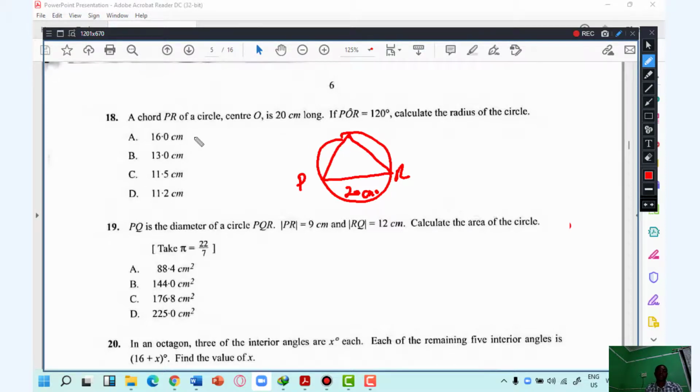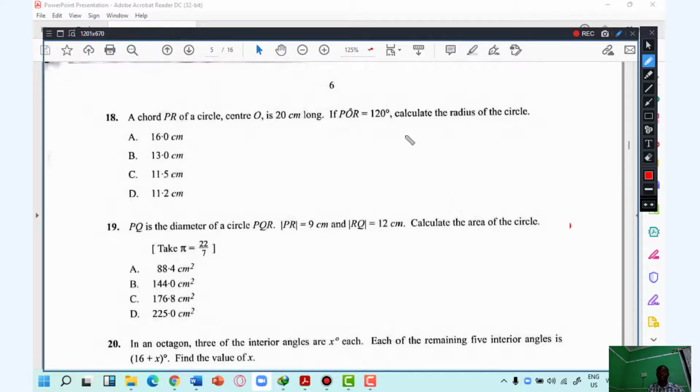So a chord of a circle, center O. So let's have it again. Let's have the diagram again, so that you make good.